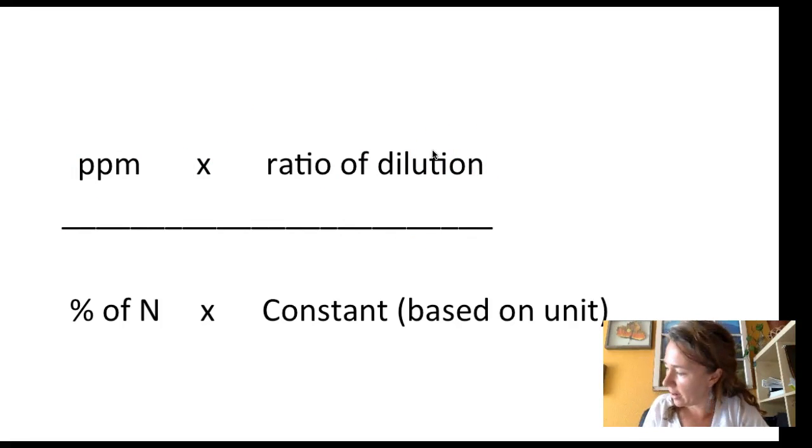That would give me 50,000. Then I take that number and divide it by the percentage of nitrogen in the fertilizer I've chosen and multiply by a constant. So for example, if my fertilizer was 15-15-15, I would have the number 15 as my percentage of nitrogen. And the last variable I would use is a constant.